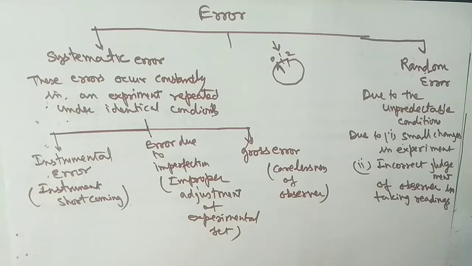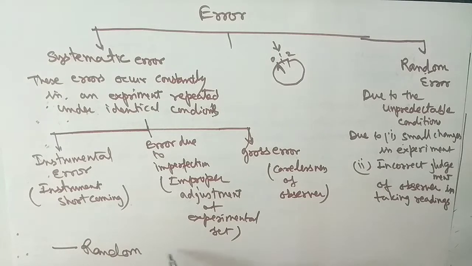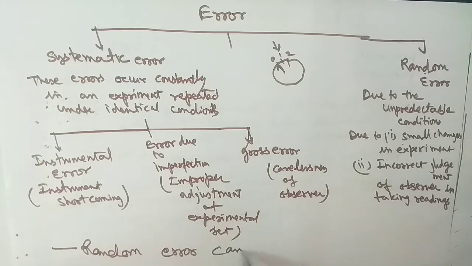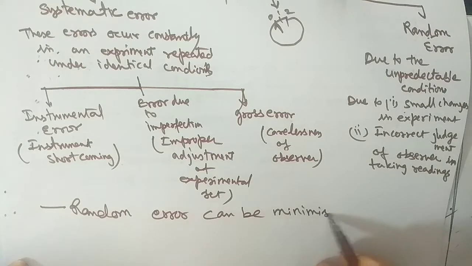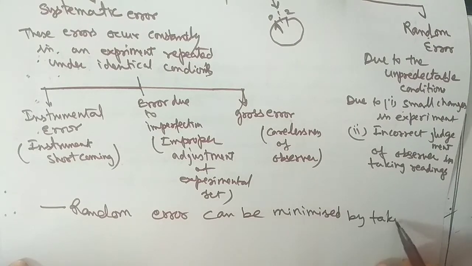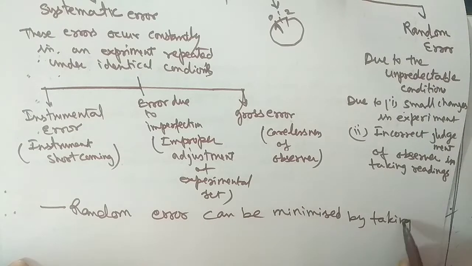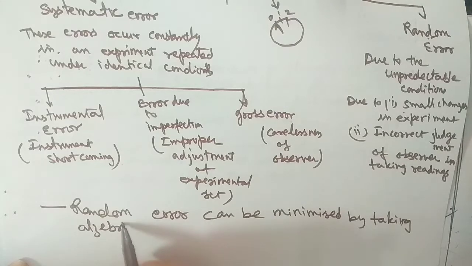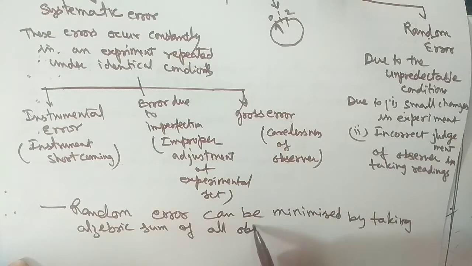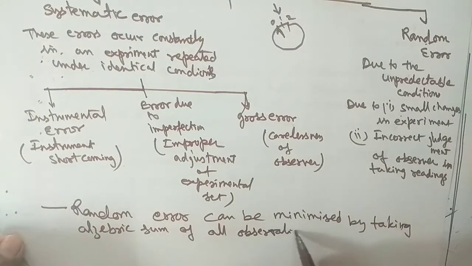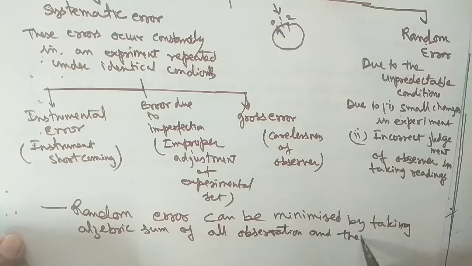So remember, random error can be minimized by taking the algebraic sum of all the observations and then its mean value.